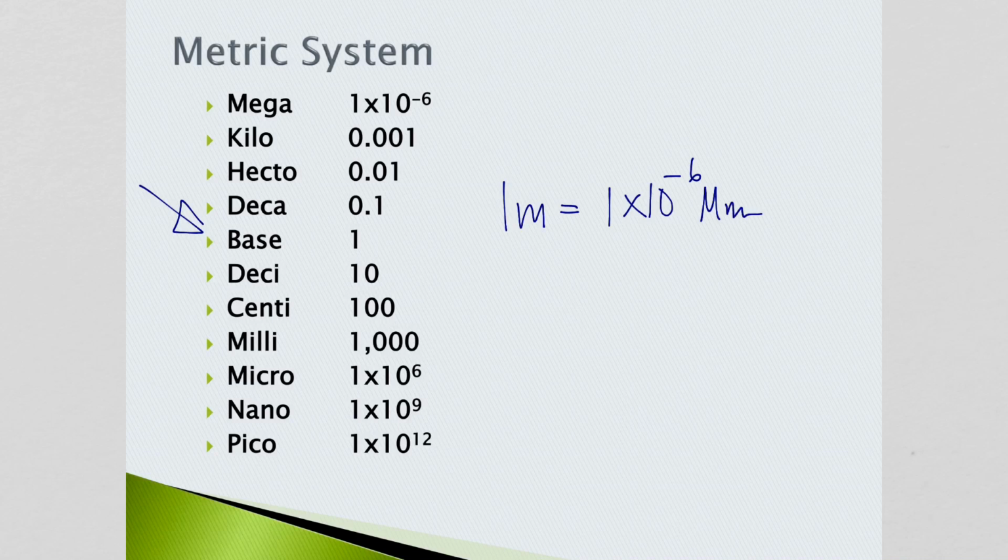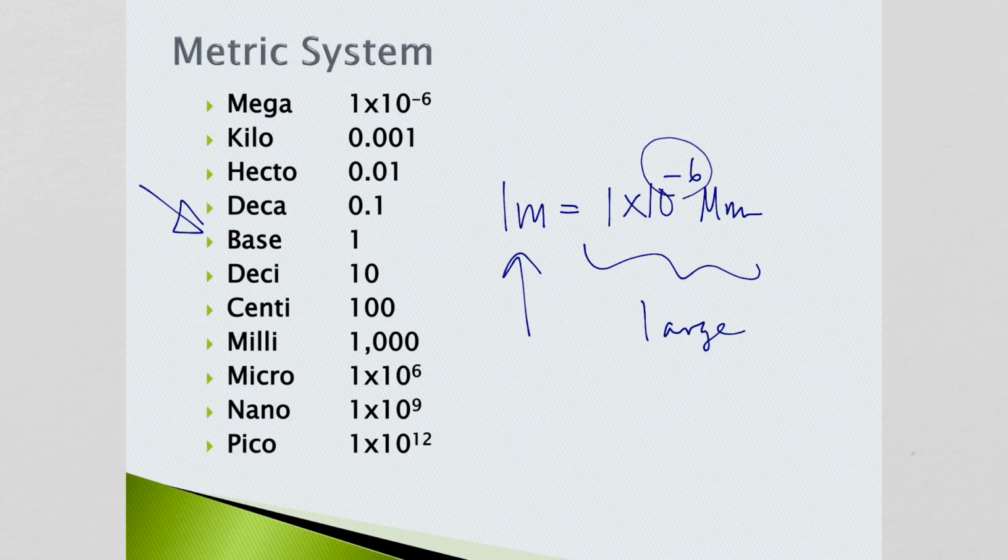Now at first this can seem opposite of what you would think, but you have to remember that a megameter is a very large unit. So it would make sense that if you have a distance of only 1 meter, that the number of megameters that there would be in that 1 meter should be a very small number, hence the times 10 to the negative 6th.